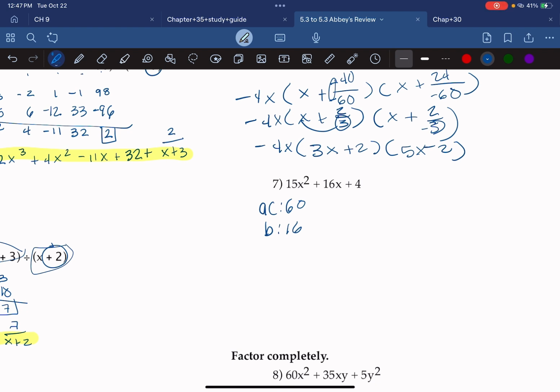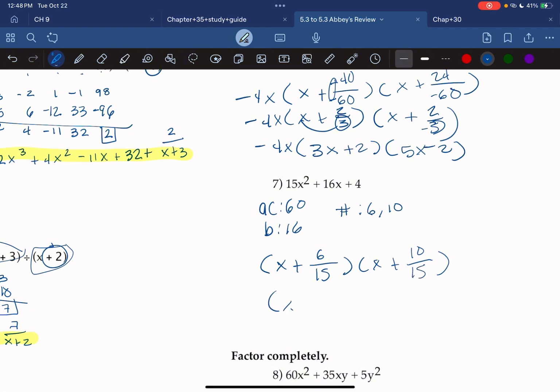In this case, our numbers are 6 and 10. 6 times 10 is 60, 6 plus 10 is 16. We would usually put our greatest common factor out front, but there is none. So we keep going. We do x plus blank over blank, x plus blank over blank. We put the numbers we found up top and our a value on the bottom.